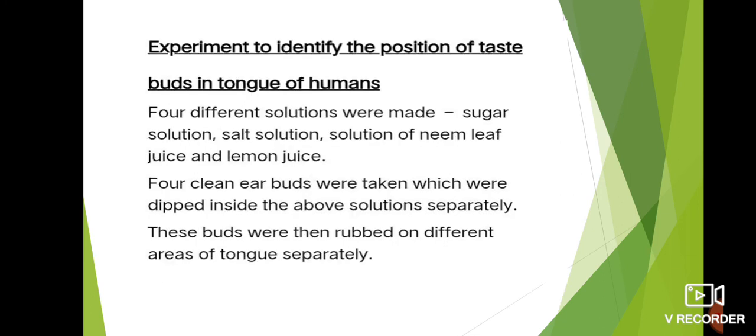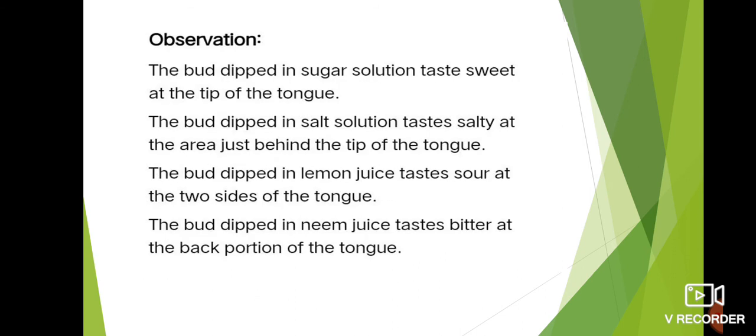Experiment to identify the position of taste buds in the tongue of humans. 4 different solutions were made, that is sugar solution, salt solution, neem leaf juice and lemon juice. 4 clean earbuds were taken and dipped separately in the above solutions. These buds were then rubbed on different areas of the tongue separately.